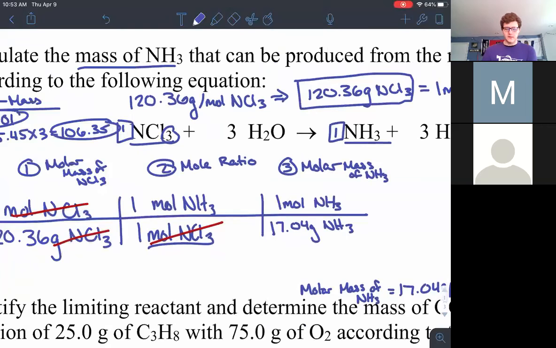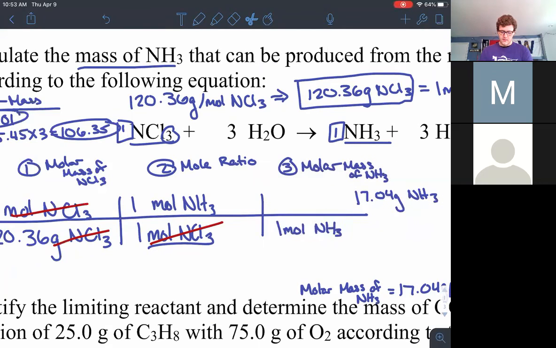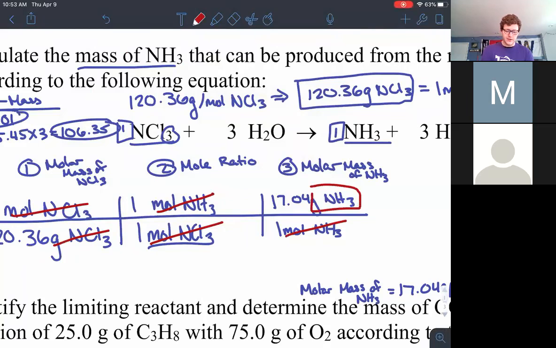Do my units cancel from the third column to the fourth column? Oh wait. We're actually going to flip them. So we're going to put the 17.04 on top, and the 1 mole on the bottom. That way those moles of NH3 can cancel. And the units that we're left with are just grams of NH3, which is what we're trying to find by the end of this problem.